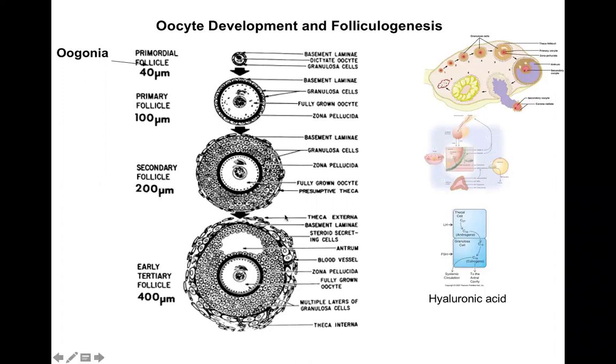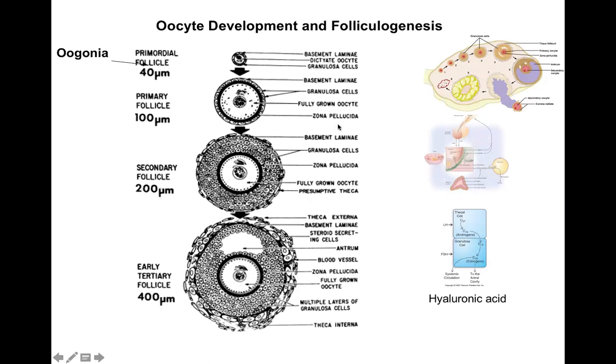So I want you to understand that, let's go back. These primordial cells, which had one granulosa cell layer, are under the influence of local aromatase to form the primary follicle, and they have started to divide and produce more granulosa cells. So different layers of granulosa cells are produced. How? By two ways.